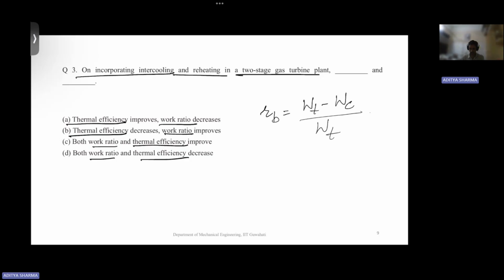So this is a work ratio. Your turbine work increases, right? Compressor work decreases.